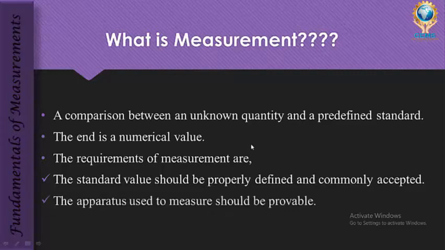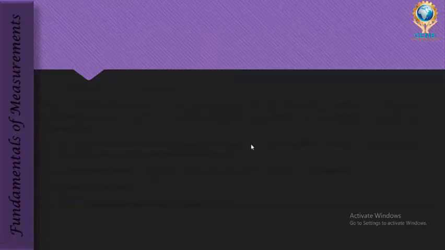Okay, and the apparatus which you would like to measure with should be provable. So what do you mean by provable? It should be error free. I cannot measure a particular quantity with an instrument which has an error. So that instrument should be error free. Only then can I measure. So it means that the instrument or apparatus should be provable. So these are the two important requirements for a measurement.